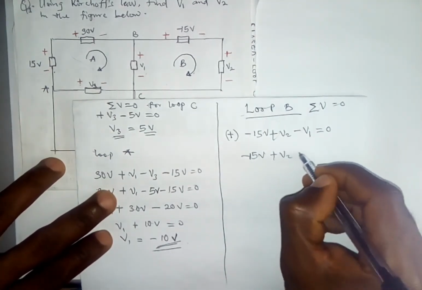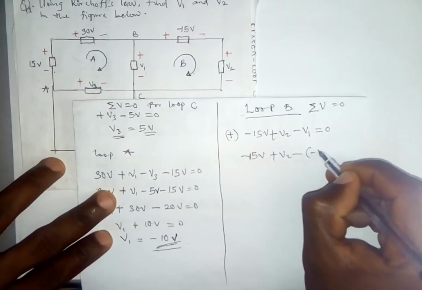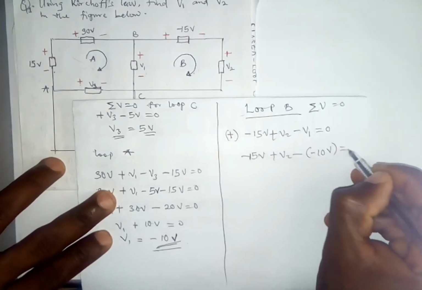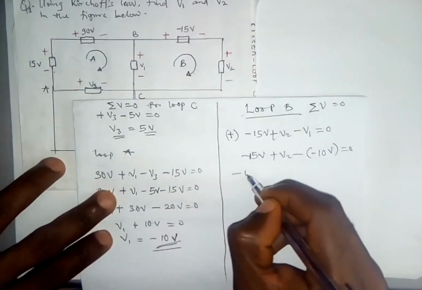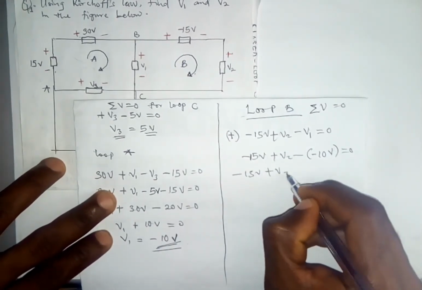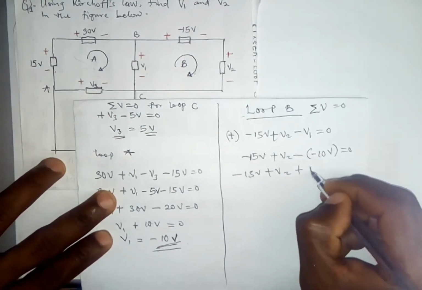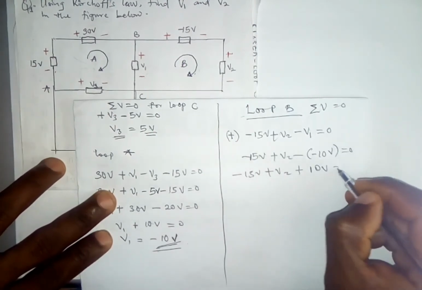Plus V2 minus V1. So what's the value of our V1? Remember, it is minus 10 volts, which is minus 10 volt equals 0. Minus 15 volts, plus V2, plus, so it's going to be negative times negative is going to be 10 volts equals 0.